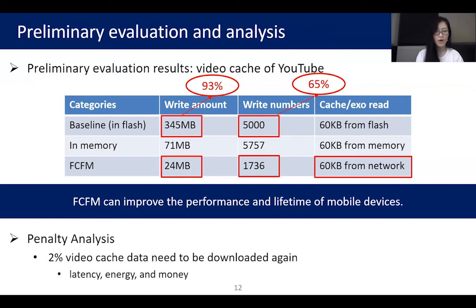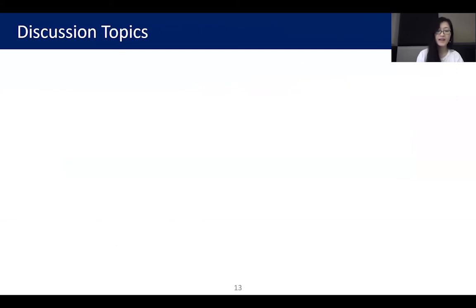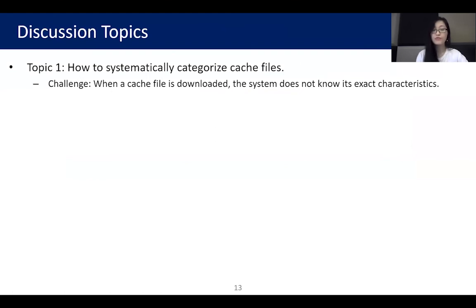Based on the above analysis, we find that FCFM can improve performance and lifetime of mobile devices with a small penalty. But there is still some challenge for implementing FCFM. First, how to systematically categorize cache files.